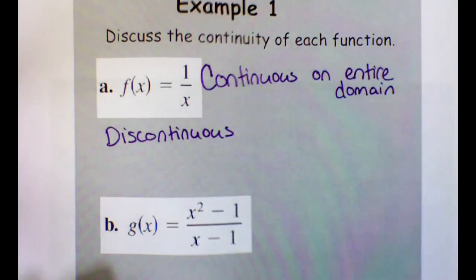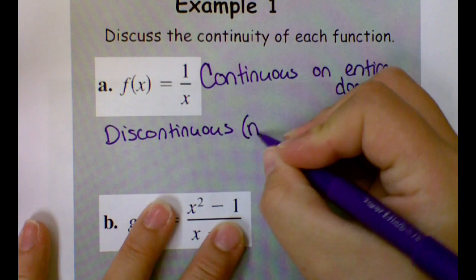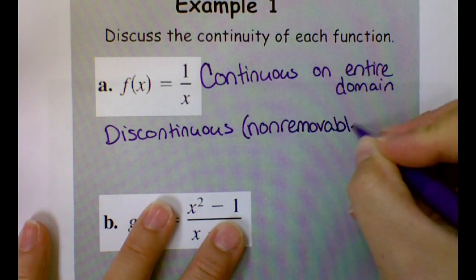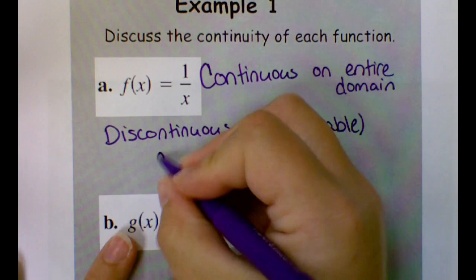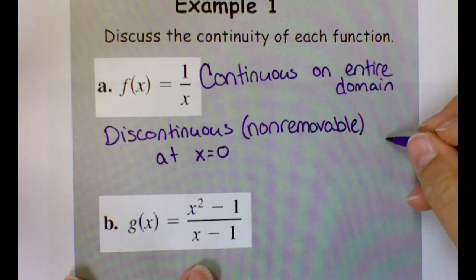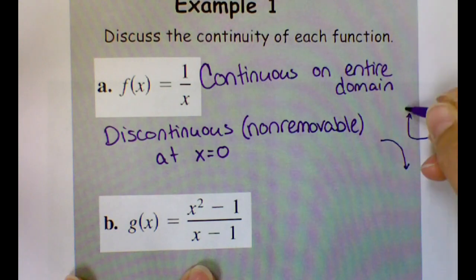So it's discontinuous where that gap or hole or asymptote is. That asymptote is at x equals 0. So we would also say non-removable discontinuity at x equals 0. Because it's an asymptote and the graph kind of goes like that when we approach our asymptote.